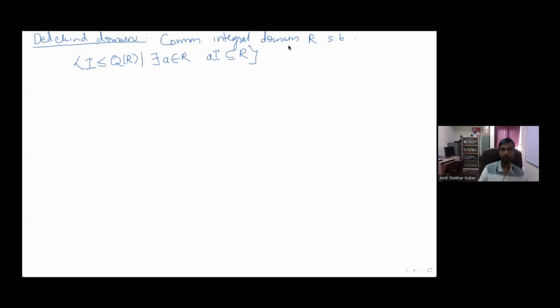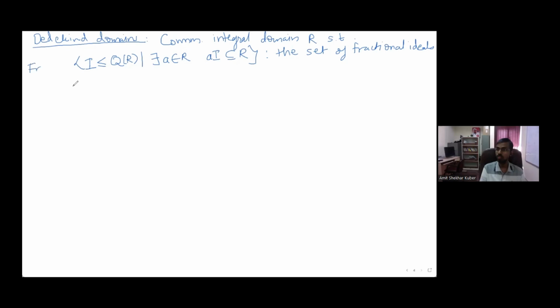These are not just ideals. The ideals are contained inside the fractional ideals. It's slightly larger. We are not looking at submodules of the ring, but submodules of the fraction field, with respect to multiplication.